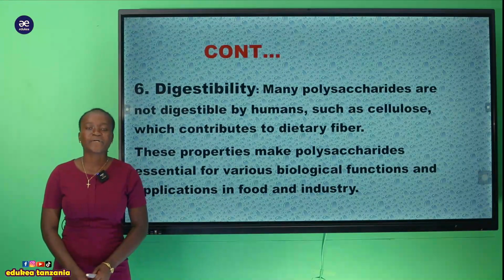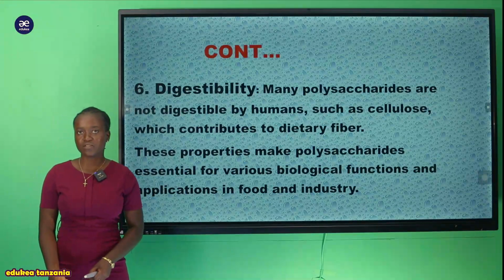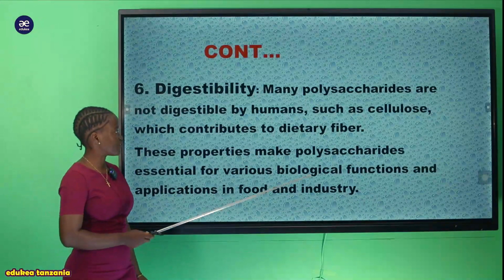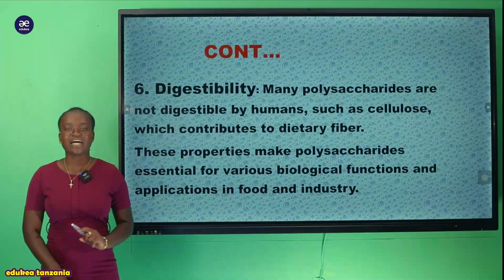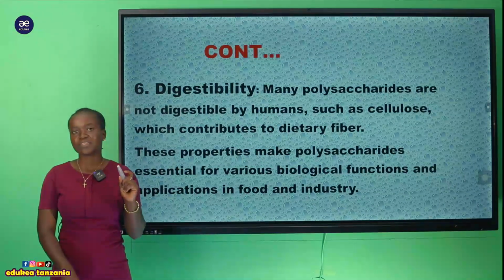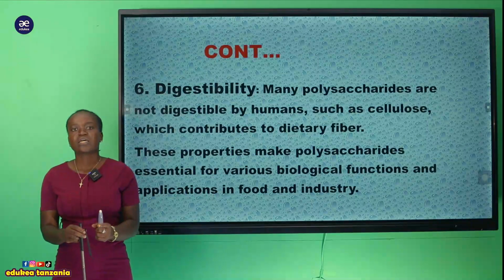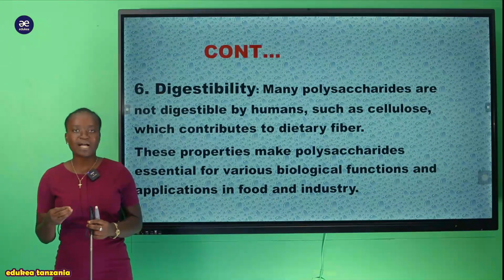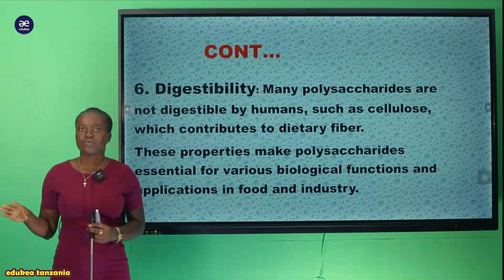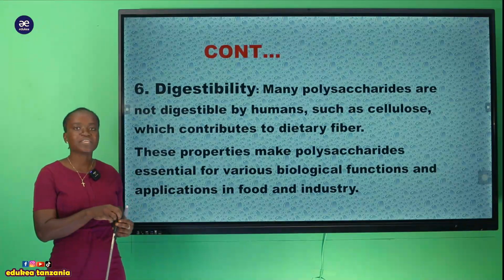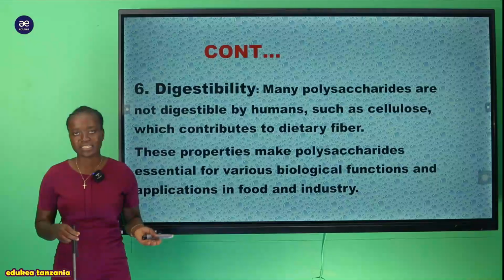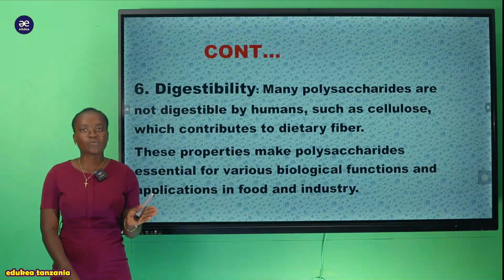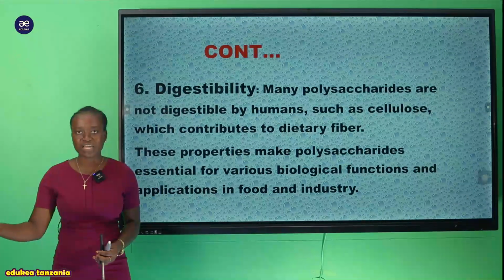You cannot digest them. For example, cellulose, which is found in plants, only contributes to dietary fiber, but you cannot digest the fibers found within the cellulose. It only helps in the digestion of food, but it is not digestible, and that is why it is removed as a feces product, because it cannot be digested completely. That is why when you eat a lot of fibrous foods, you pass them out as fecal material with those fibers.